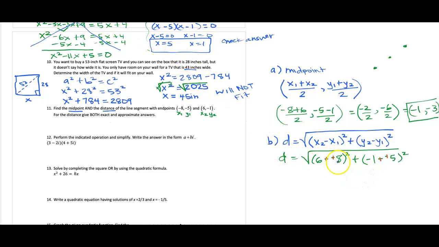So here I get 14 squared plus 4 squared. And now I need to keep going here. Simplify everything inside first, right? So 14 squared, so 14 times 14, and then 4 times 4 is 16. And then when you add those together, it should be 212.